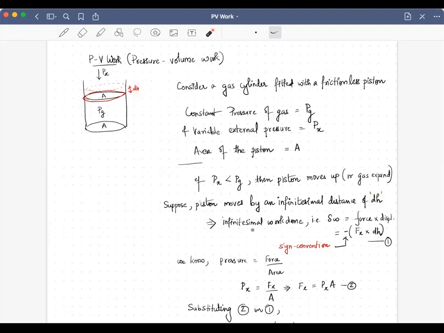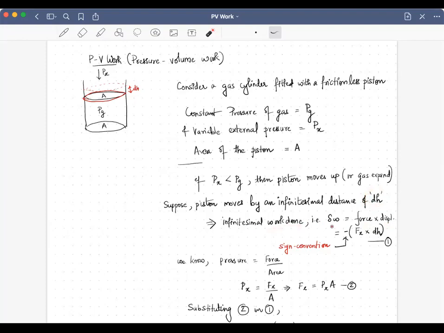So if this is the displacement that this piston has undergone, we can calculate the work done, because we know that the work done is nothing but force into displacement. So when we are talking about the infinitesimal distance the piston has traveled, we will talk in terms of infinitesimal work done.